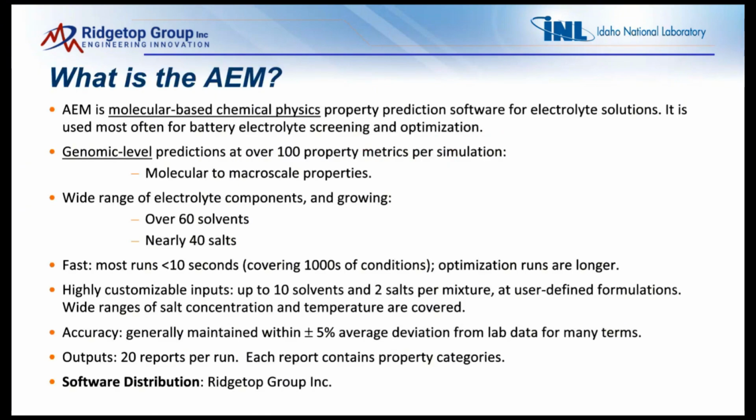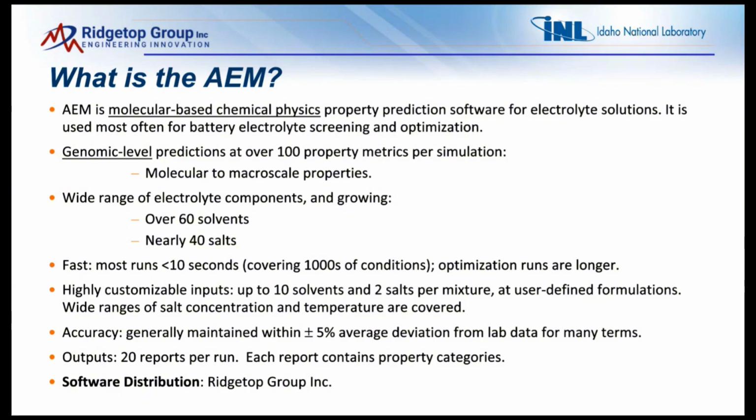Okay, thank you, Wyatt. So let's just look at what is the AEM. It's a molecular-based chemical physics property prediction software tool for electrolyte solutions. When I say chemical physics, that's analogous to statistical mechanical based physics interpretations of the system, and it's a quick calculational platform to use compared to ab initio, and I'll say just a little bit more about that later.